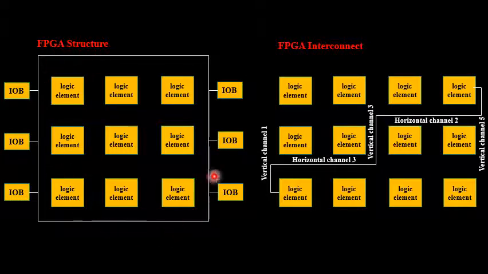Combinational logic: this entire part of the logic elements contributes to the combinational logic structure. I can call a combinational logic nothing but something divided into smaller units, which we will call a logic element. In short, it is called LE or CLB, which is nothing but a combinational logic block.